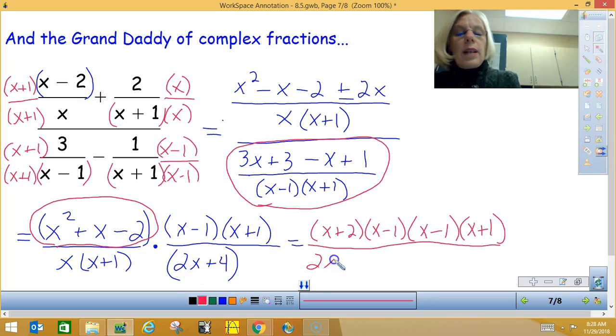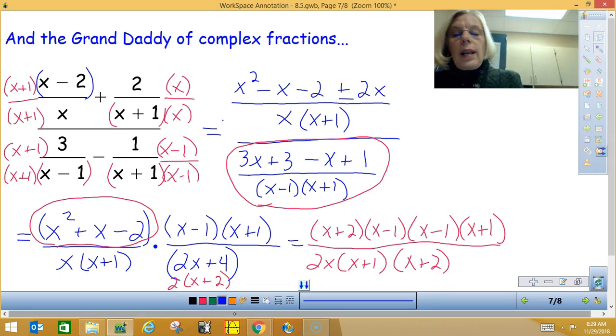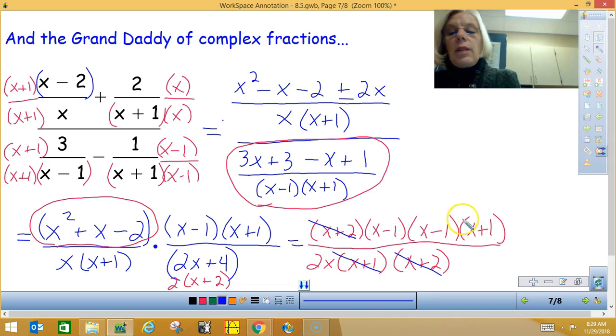So I'm going to have a 2x out front, x plus 1, x plus 2. Now when I cancel, x plus 2's cancel, the x plus 1's cancel, and my final simplified form is x minus 1 quantity squared all over 2x.